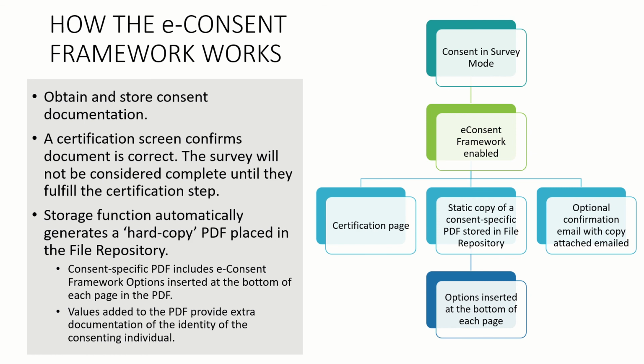After the person goes through the form that you've created and they hit the submit button, it will go automatically to a certification page where that person will see the PDF of what they are signing, and they can scroll through that entire document, and then they can confirm that the document is correct and that they want to move forward.